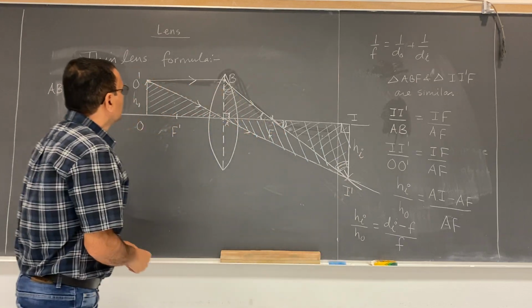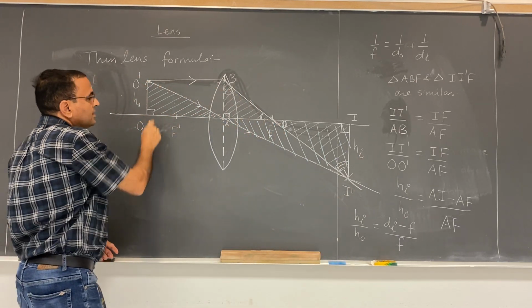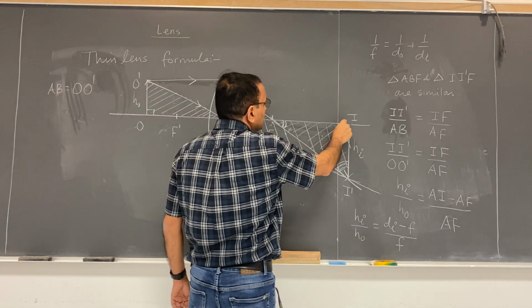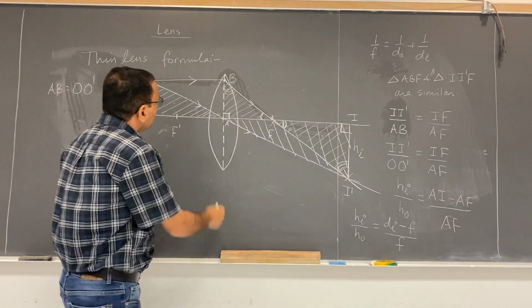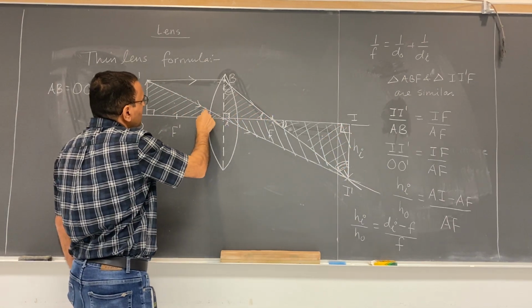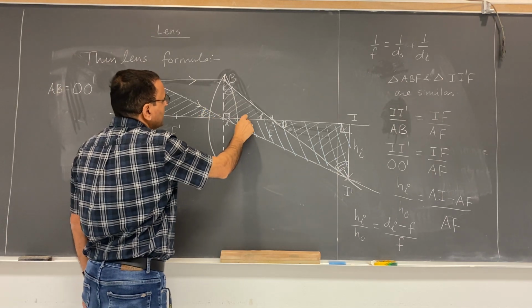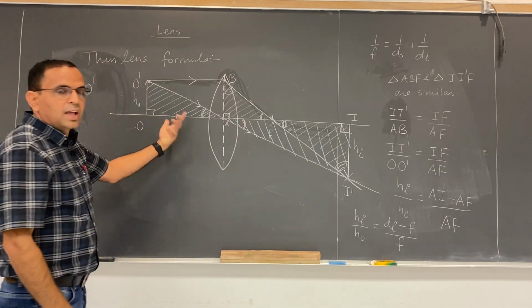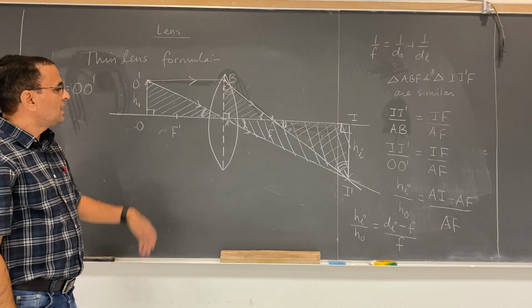Look at this. This angle is 90 degrees, then of course this angle is 90 degrees. This angle here is equal to this angle because they are vertically opposite angles, then of course the third angle, they are equal because the remaining angle must be equal.